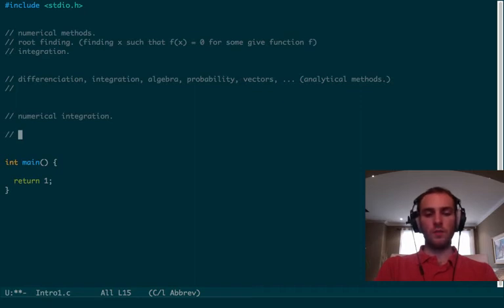You basically want to compute the integral of f from a to b. You might be more familiar with f of x dx from a to b, where a and b are the boundaries of your integration interval.